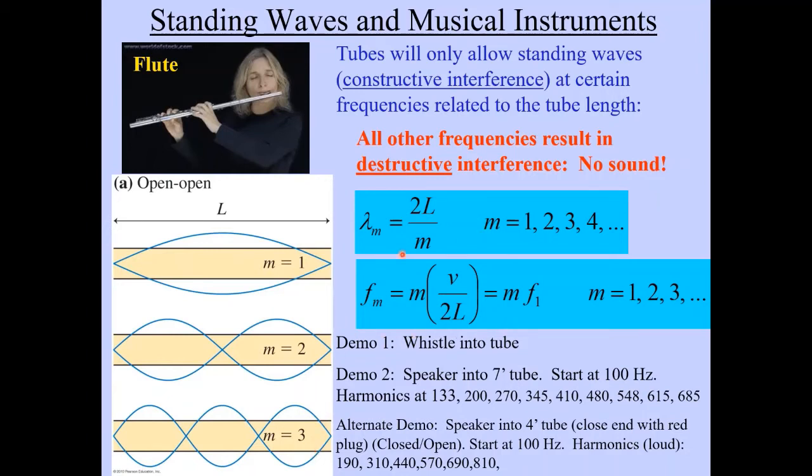And then these are the frequencies that are allowed for this particular tube geometry. Again, the frequencies are based on the length of the tube and the mode number. In order to demonstrate this effect, let's watch a couple of videos that I made: one creating sound in a tube using a speaker, and another shorter one where I actually whistle into a tube.